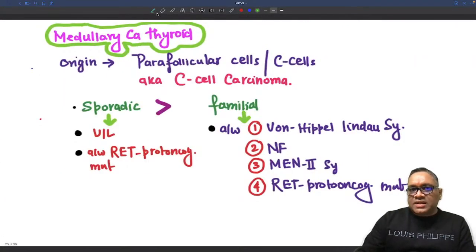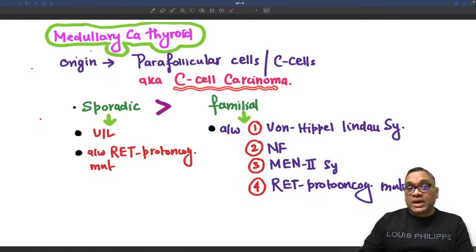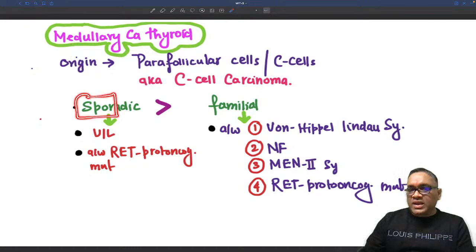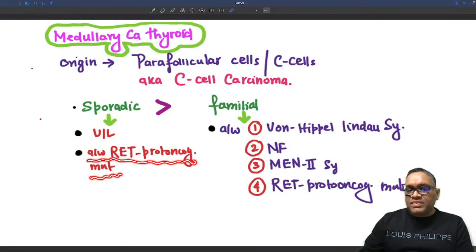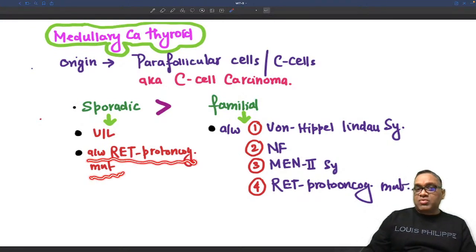Whereas in medullary carcinoma of thyroid, you need to remember, the origin of medullary carcinoma is parafollicular cells or C cells. So that is why sometimes C cell carcinoma is another name for medullary carcinoma. So please remember, medullary carcinoma is also known as C cell type of carcinoma. It can be sporadic or it can be familial. Sporadic will be unilateral, and very, very important, again a very important MCQ, they will be associated with RET proto-oncogene mutation.